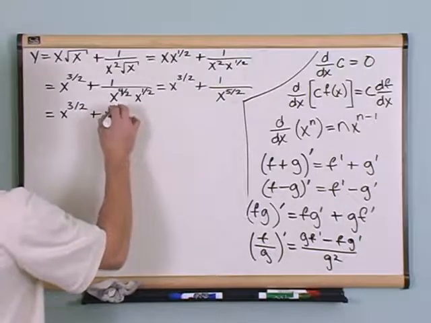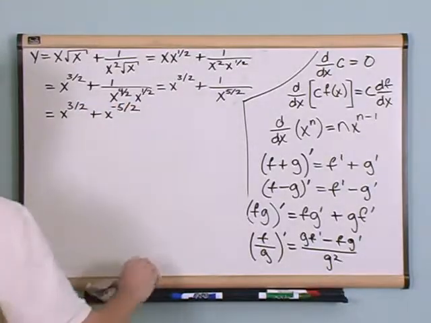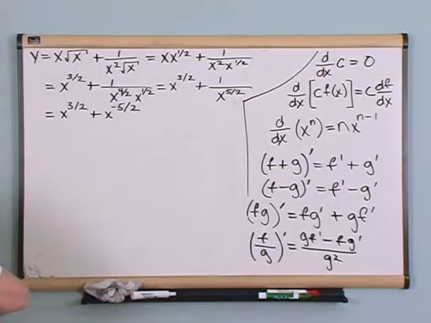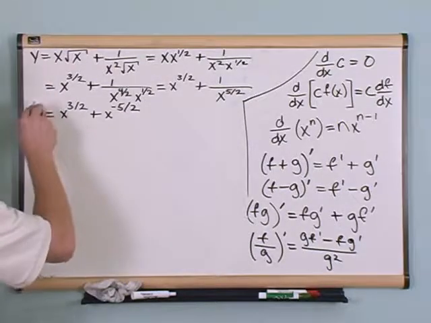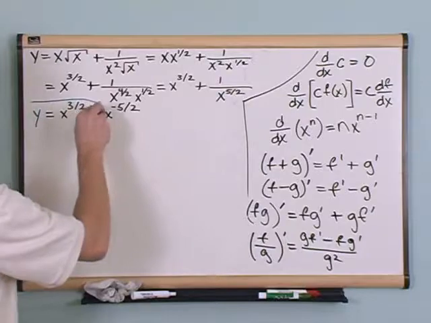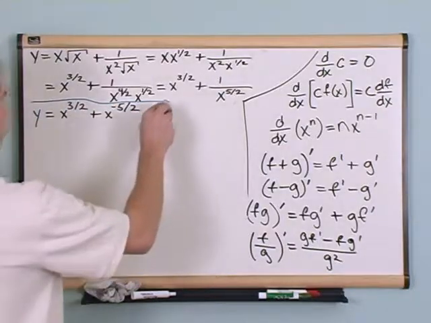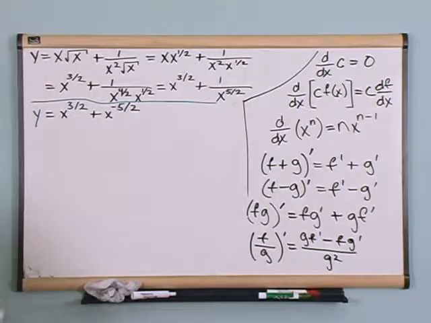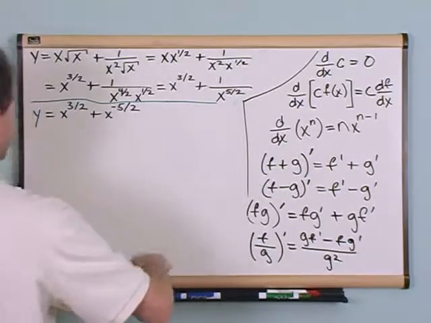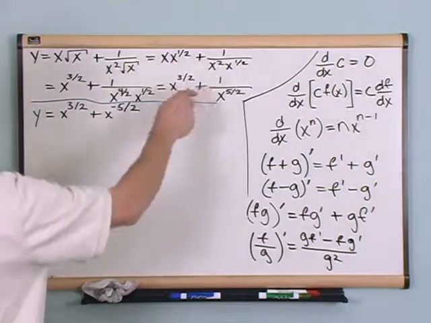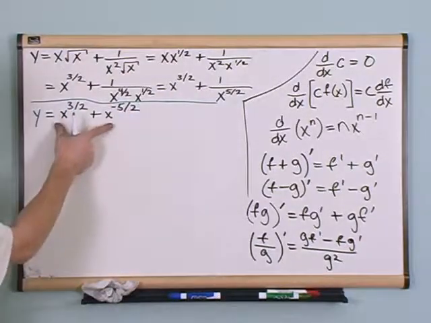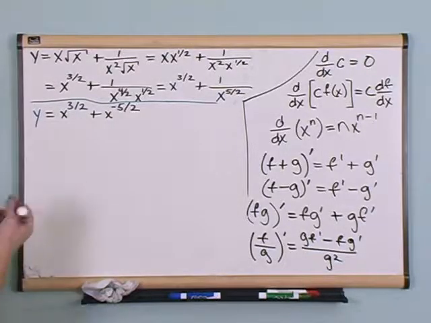to the negative 5/2. And what I'm going to do now is draw a little line between all this work, because this is all nice, but really the problem is twofold. The first is, how do you get this into a form that you can understand? And now that we're here, what's the derivative of it?